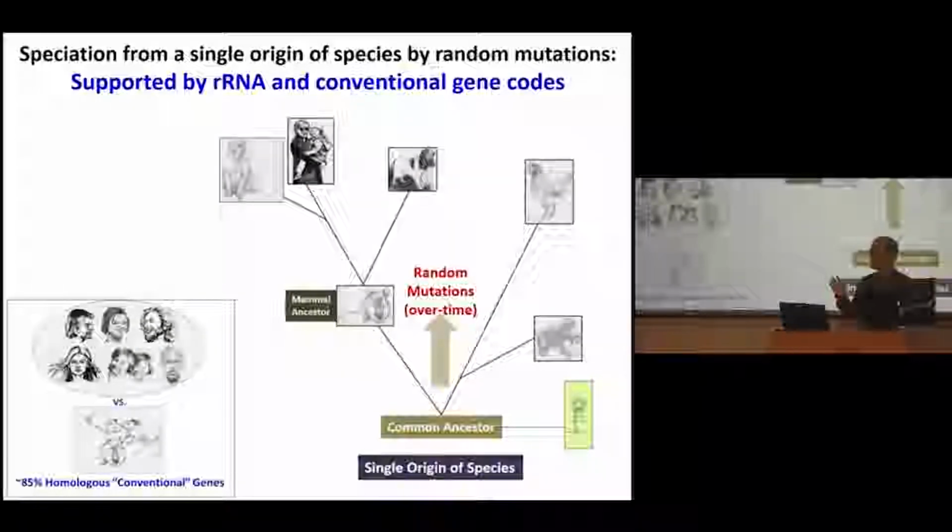If we only focus on ribosomal RNA sequence or the conventional genes, which occupy about 1 to 2% of mouse and human genomes, then it makes sense that we evolved from a single origin. And also, mouse and humans share about 85% of conventional gene sequences. Sounds like we share the same ancestor.